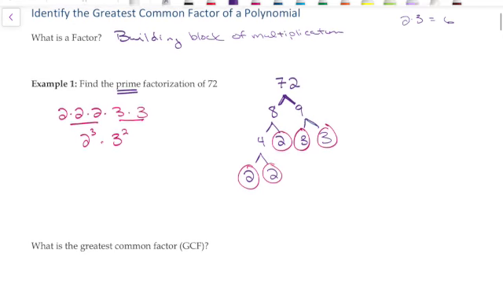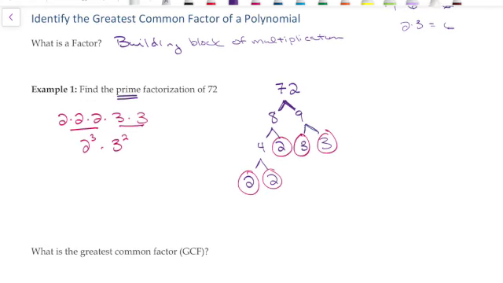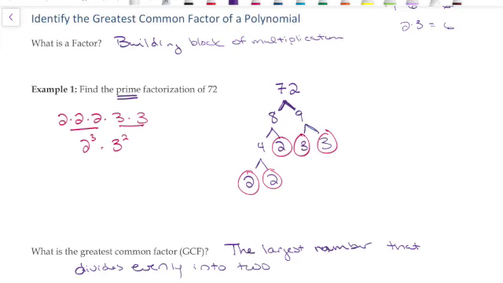Okay, so what is the greatest common factor, GCF? So let's write this. This is a fairly long definition, so make sure you've got this. The largest number that divides evenly into 2 or more, if you're doing more than 2, other numbers.